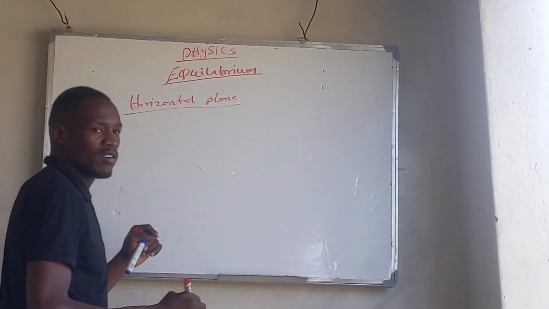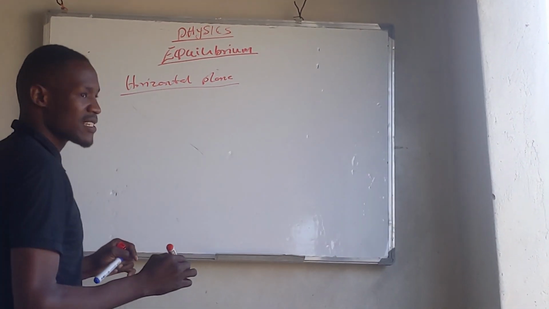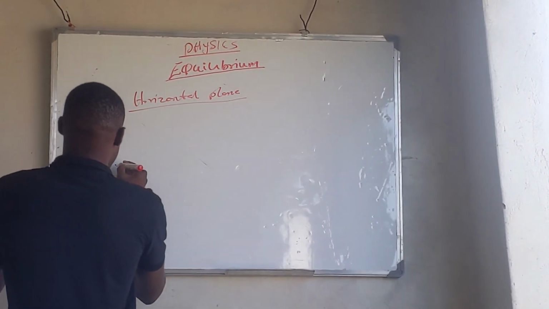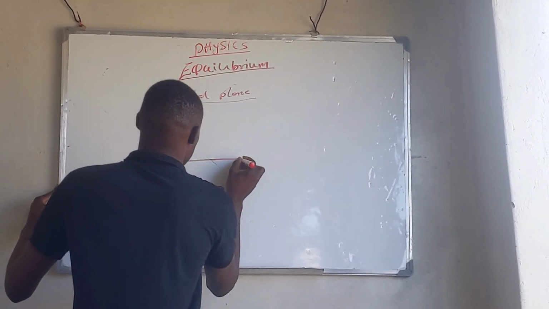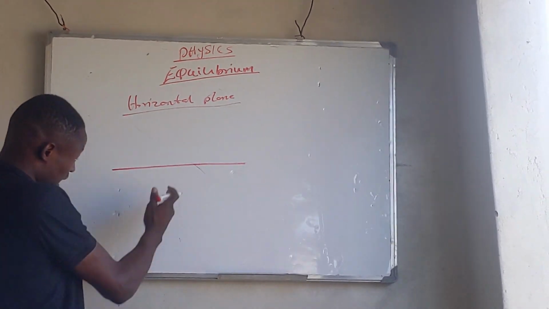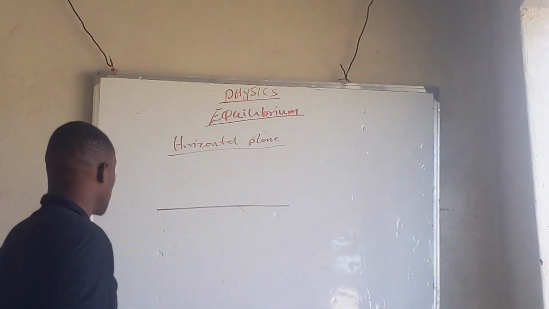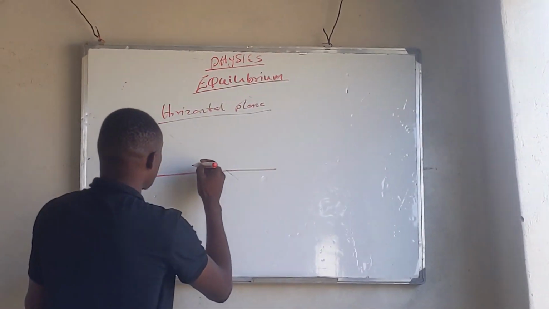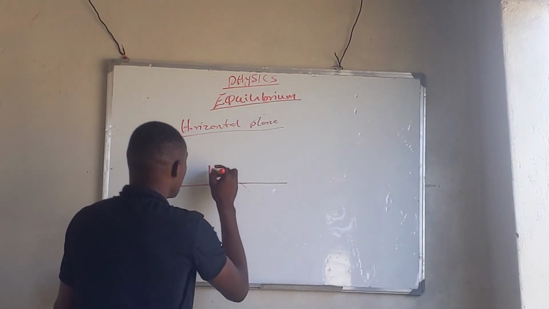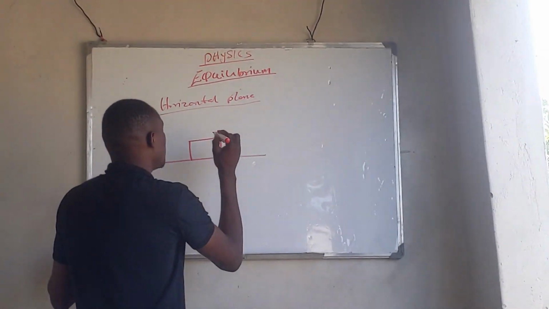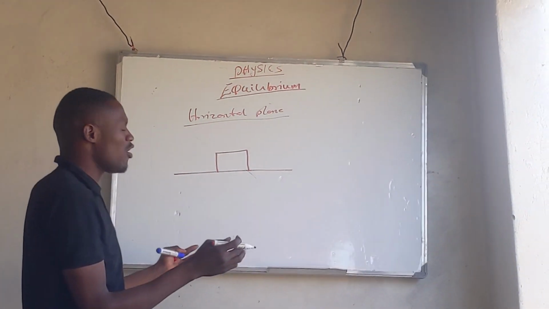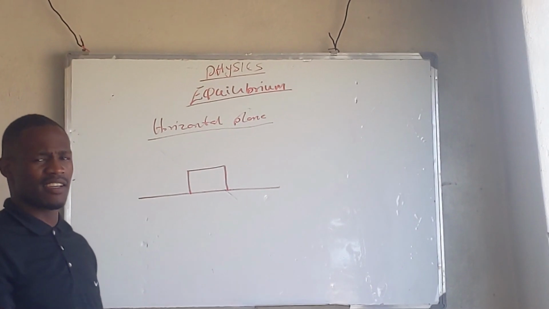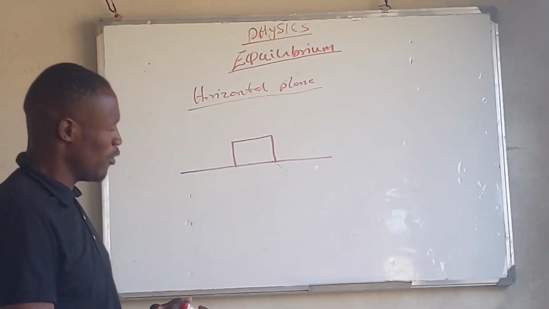Horizontal plane means that, for example, we have a surface which is like this. It can be a table, it can be the ground itself, and here is an object. This object can be a vehicle or a stone or anything, but there is an object.